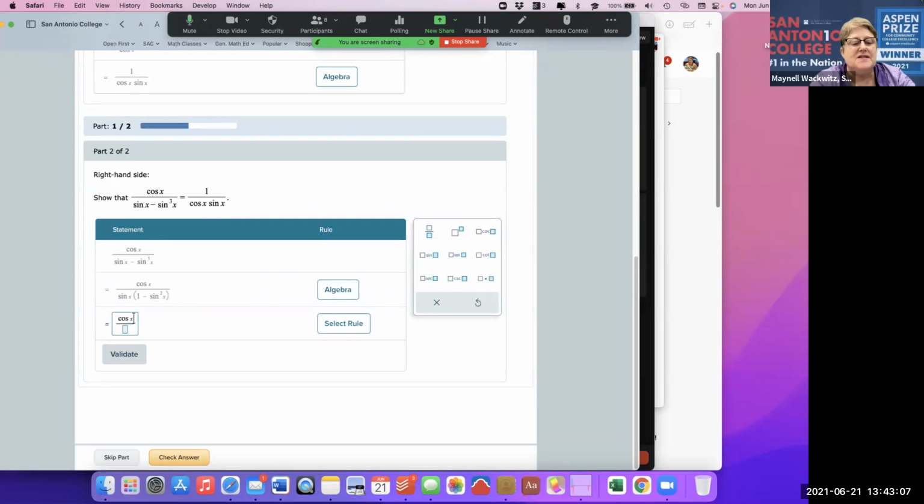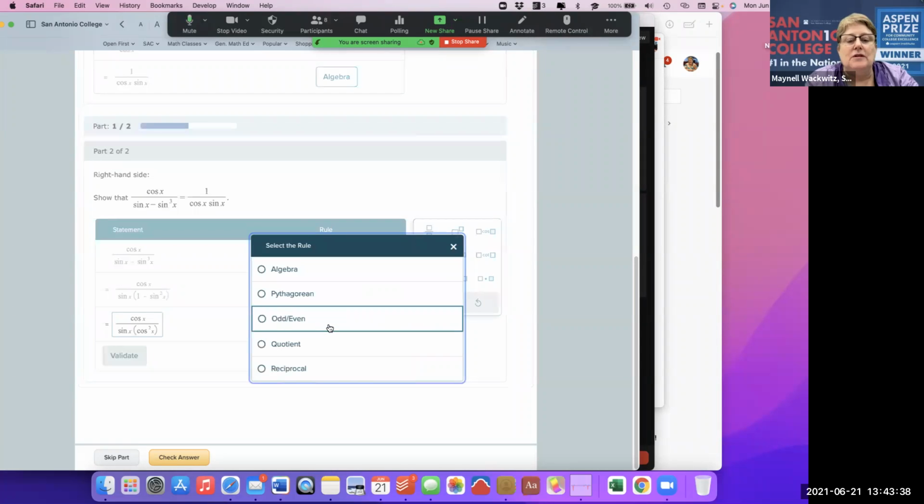We still have cosine x in the numerator. We still have a sine x in the denominator. But what else can we write in the denominator instead of 1 minus sine squared x? Excellent. And what rule?